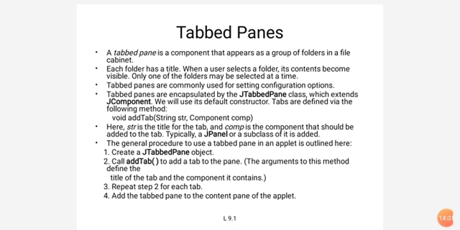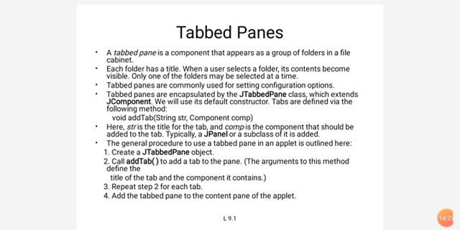Whatever folder you want to add to that tabbed pane, that folder name is specified with the str object. And comp is a component that should be added to the tab. Typically, a JPanel or a subclass of it is added.